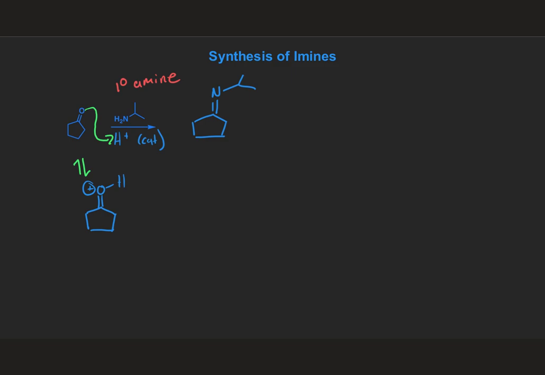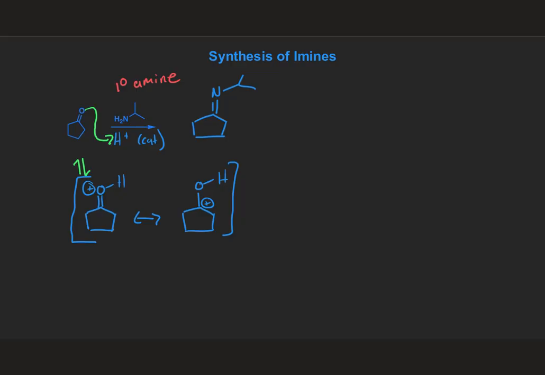And so that carbon on the ketone is much more electrophilic because it has this resonance structure, where the positive charge is on the carbonyl carbon.